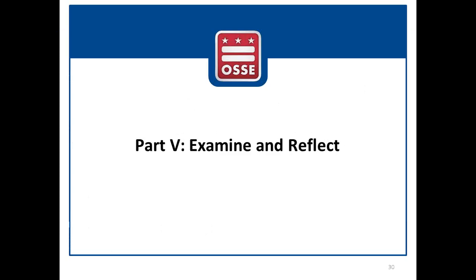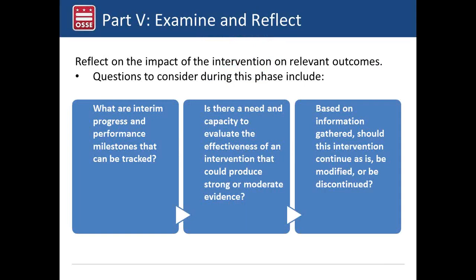We have now come to the final part of the 5-part plan, examining and reflecting on the implementation of the EBP. In part 5 of the plan, the team takes time to reflect on the intervention's impact on relevant outcomes.